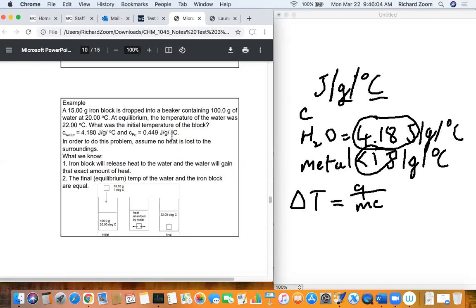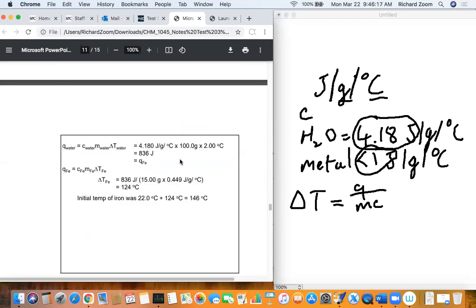Now, we've already established that since the temperature of the water went up, the temperature of the iron must have gone down, which means the initial temperature would be 22.0 degrees Celsius plus 124 degrees Celsius. That was the temperature change of the iron. So the initial temperature would have been 146 and it went down to 22. Does anybody have any questions?